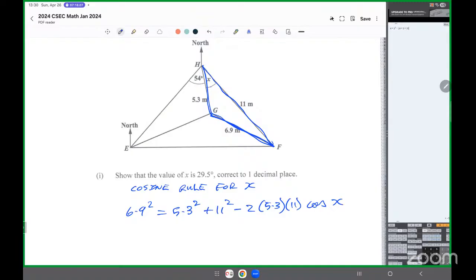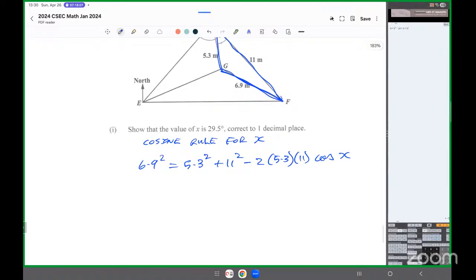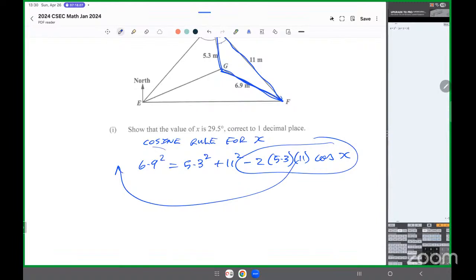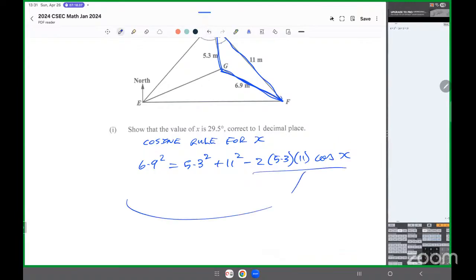All right? Now, transpose and find. You need to practice this, guys. So often they give you a triangle with 3 sides to find the angle. But practice the transposition of this thing. You're going to take all of this negative expression and bring it over to the right side, and take the 6.9 squared and bring it over to the right side as well. So that expression goes over to the left, and the 6.9 squared goes over onto the right. This coming over becomes positive.